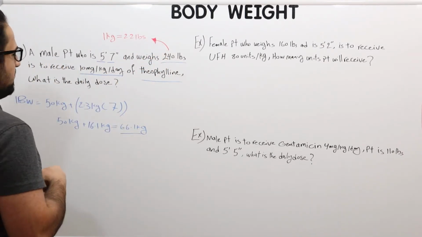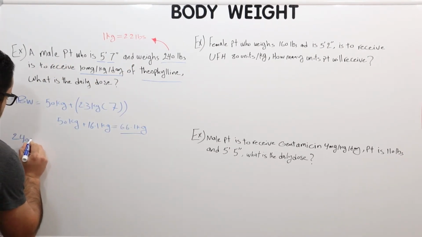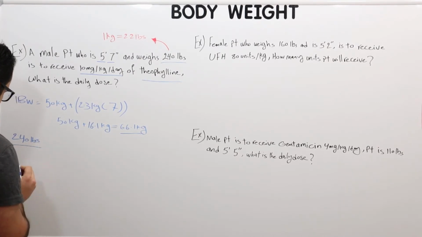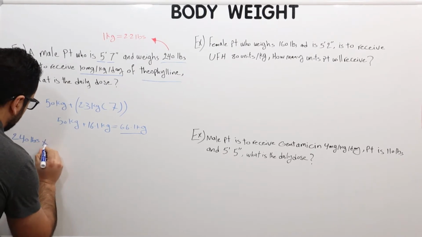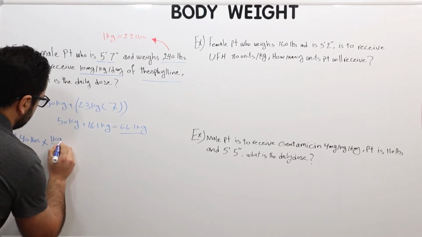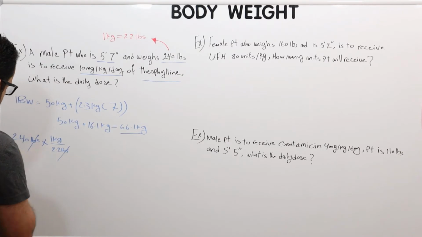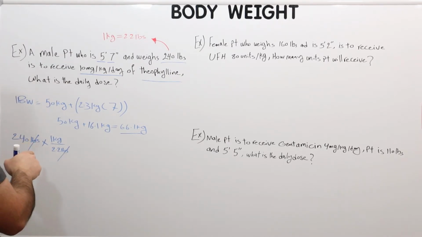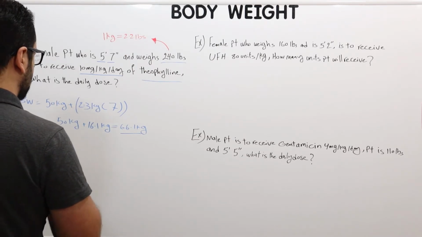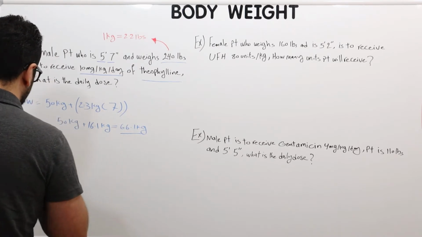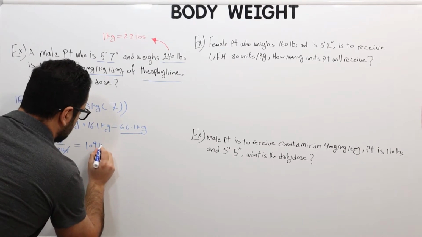So let's take 240 pounds and multiply by 1 kilogram over 2.2 pounds, so pounds cancel with pounds. Now 240 divided by 2.2, in a calculator, you should end up with 109 kilogram.